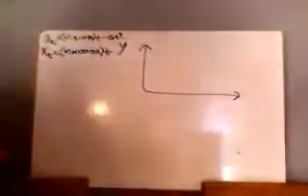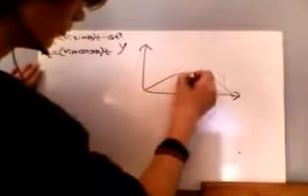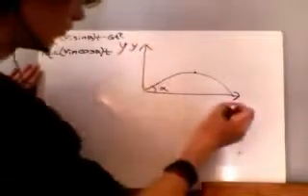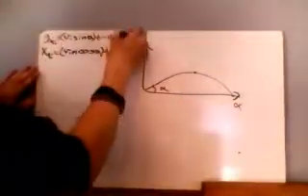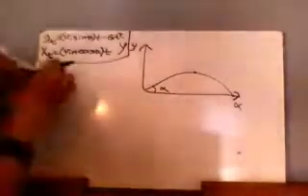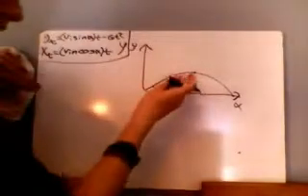Okay, so I'm going to just redraw my axes here. Draw a little box around this. Now we know, at any point in time, we can determine the point that the object is at.